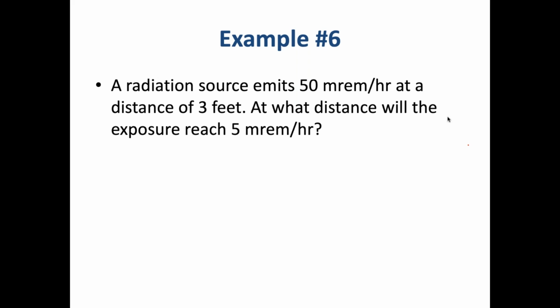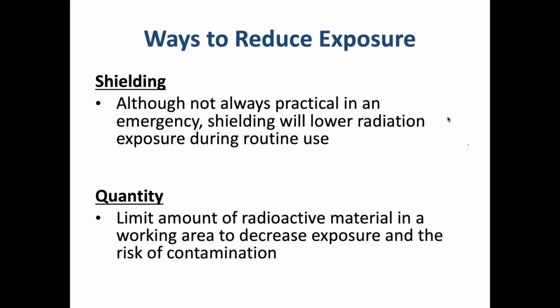Radiation source, okay, good. Ways to reduce exposure. We also can reduce exposure by shielding. It's a lot more difficult, because for high energy gamma radiation you need a lot of shielding. Shielding is a mixed bag also.